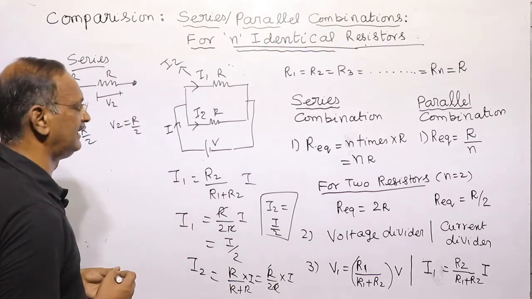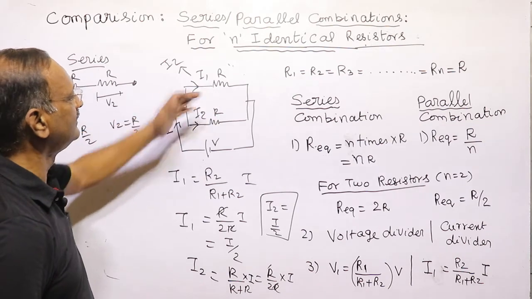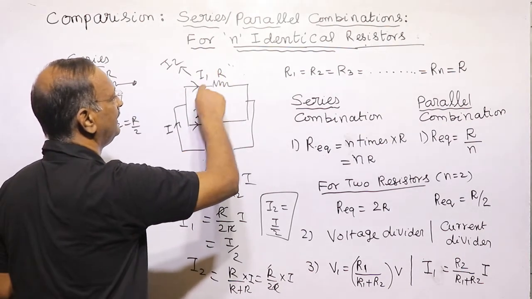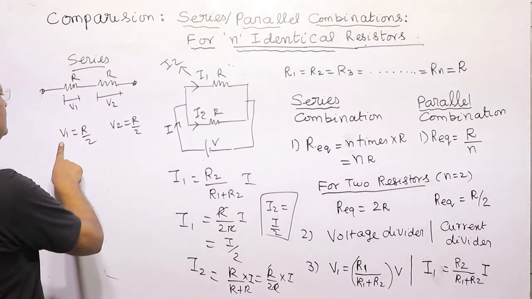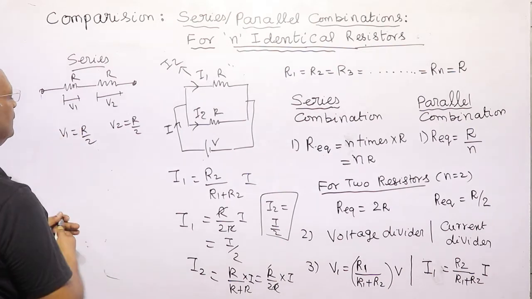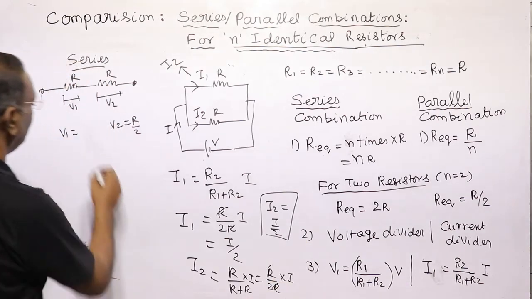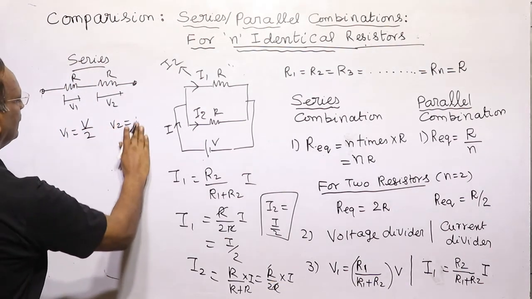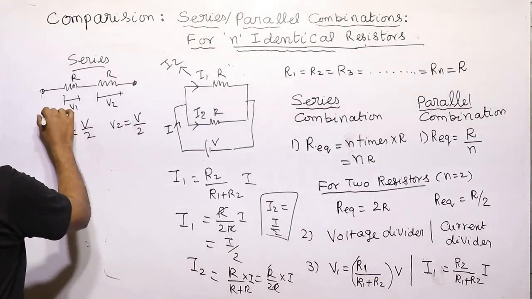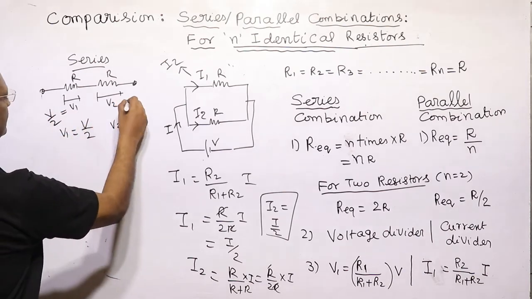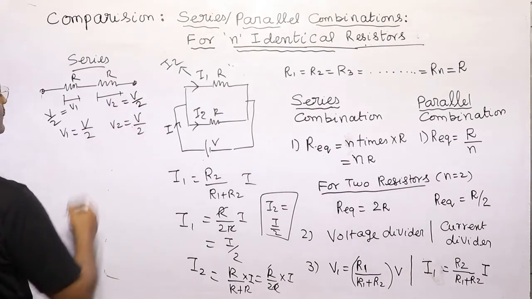What we have to remember here is, in case of a parallel circuit with identical resistors, the current is the net current divided by the number of resistors. Here the voltage V1 is equal to V by 2, and V2 also is equal to V by 2, that is, total voltage divided by the number of resistors.